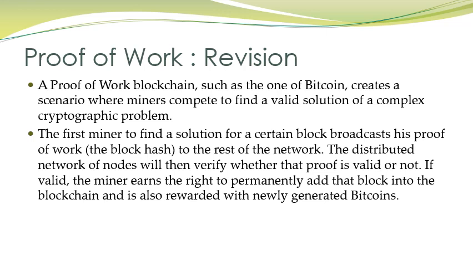The other nodes in the distributed network then verify whether the proof is valid, and if valid, the miner gets the right to permanently add this block into the blockchain and receives the reward for adding the new block in the Bitcoin network.